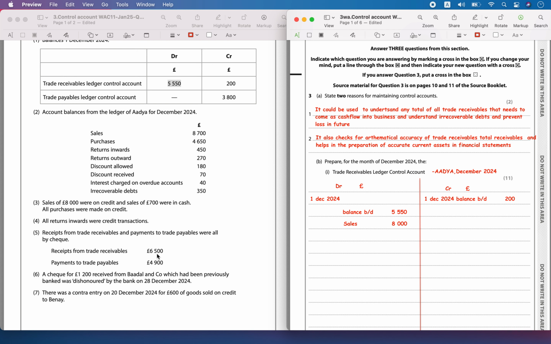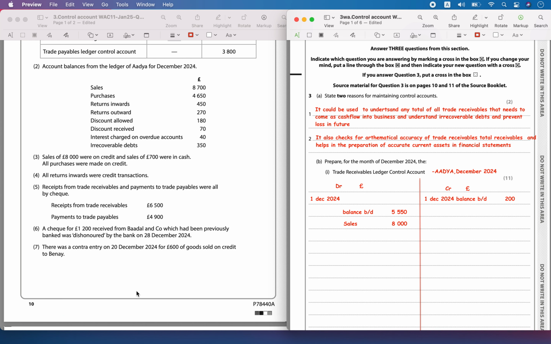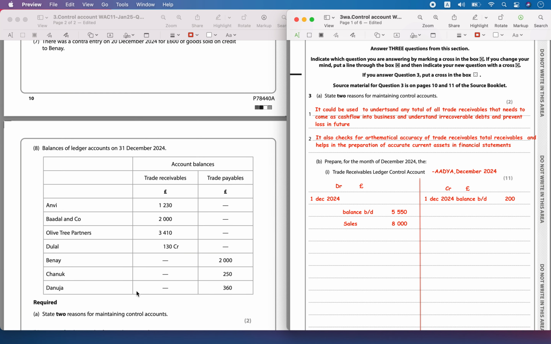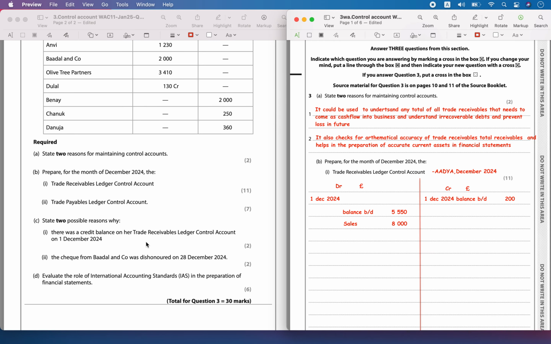She received 6,000 and 500 from the trade receivables. A check of 1,200 received from Badal and company, which had previously been banked, was dishonored. And 600 was a contra entry with Binay.